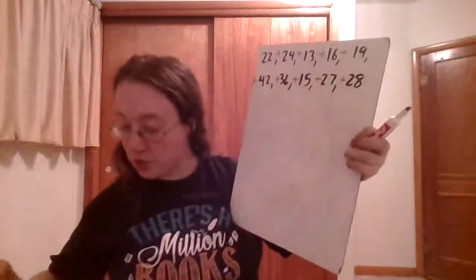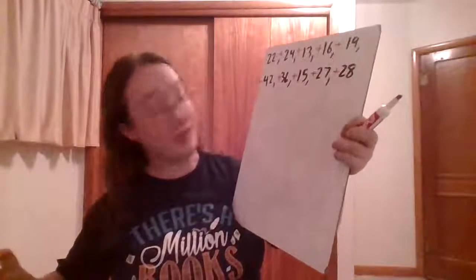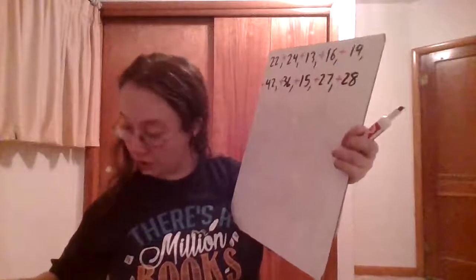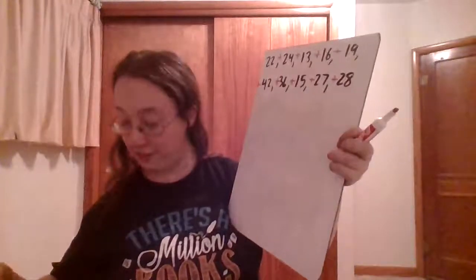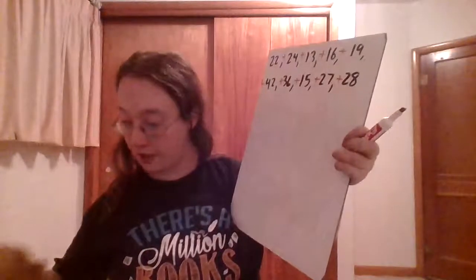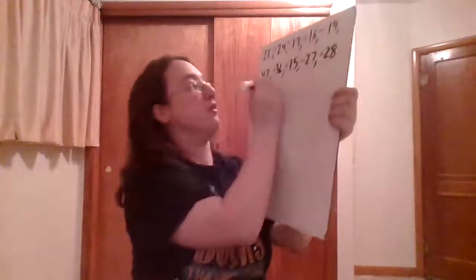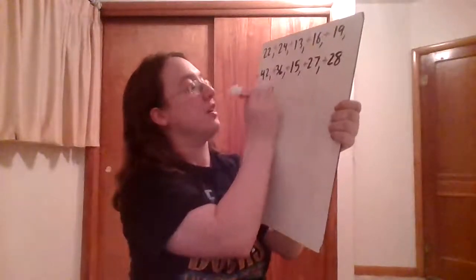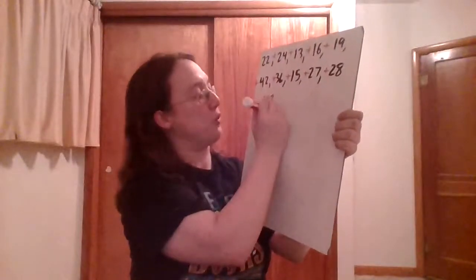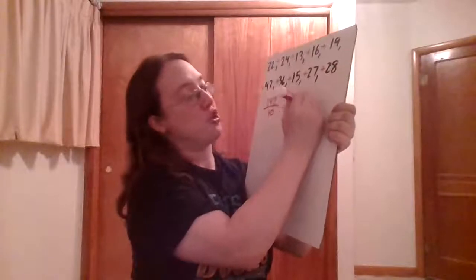So you get 22 plus 24 plus 13 plus 16 plus 19 plus 42 plus 36 plus 15 plus 27 plus 28 gives you 242. And conveniently, our number of things is 1, 2, 3, 4, 5, 6, 7, 8, 9, 10, which always guarantees you a rather nice decimal, which gives you 24.2.